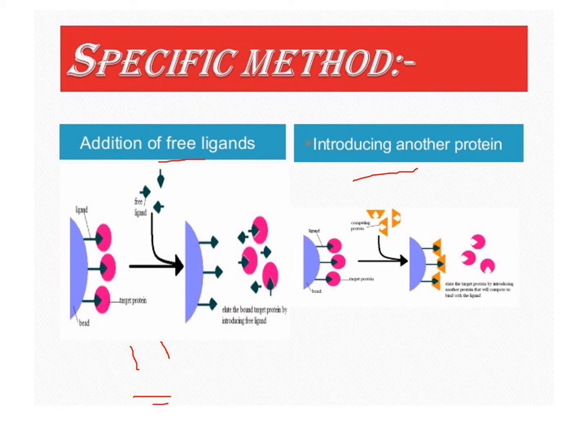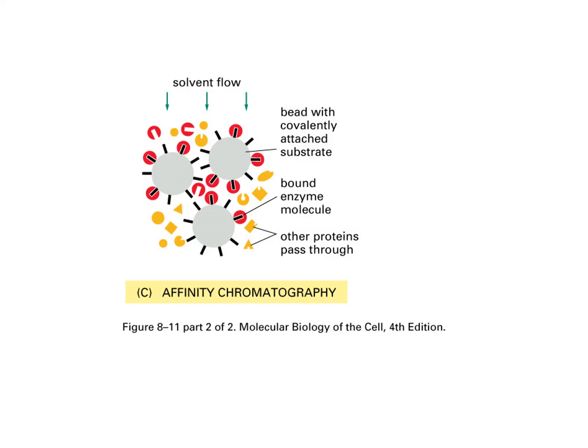What's left on the column is the very specific bound little pink Pac-Man that you then elute by adding the ligand, and that competes and knocks them off, or a competing protein that takes the place, and it must have a higher affinity than the Pac-Man, or this won't work. And so now we got pure Pac-Man.